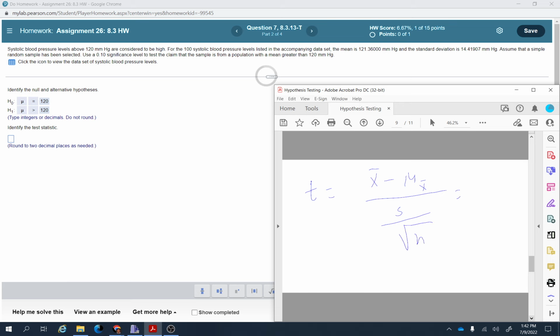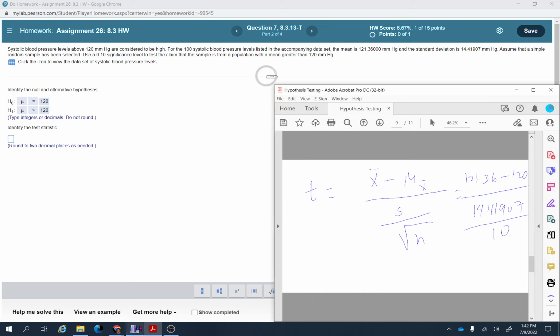In this case, the sample average is 121.36, and the population average, we always take this as 120, over the sample standard deviation 14.41907 divided by the square root of n. n is the sample size 100, so the square root of n is the square root of 100, which is 10.